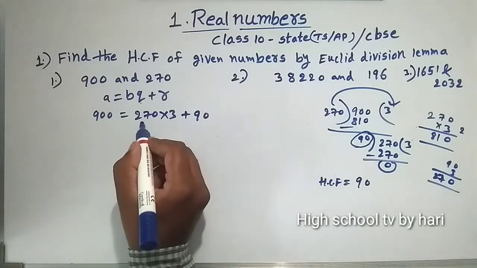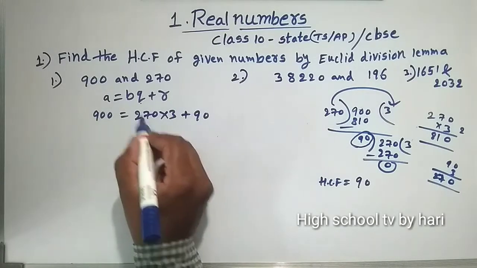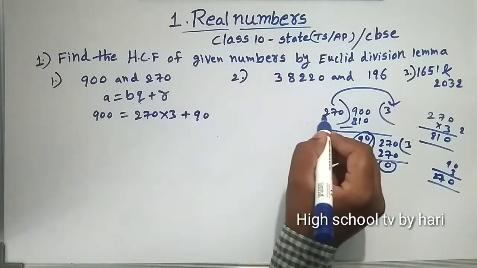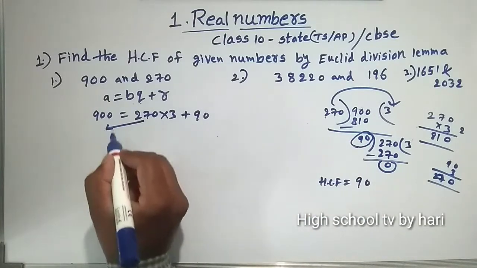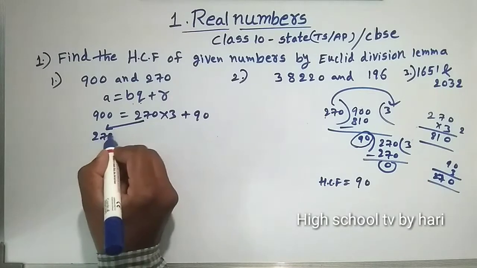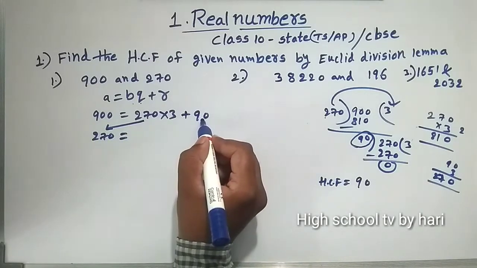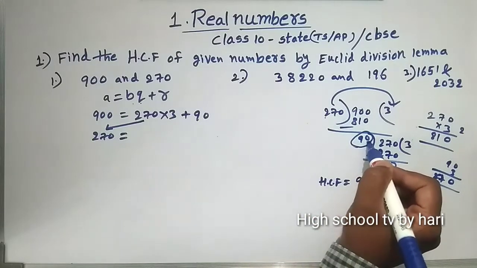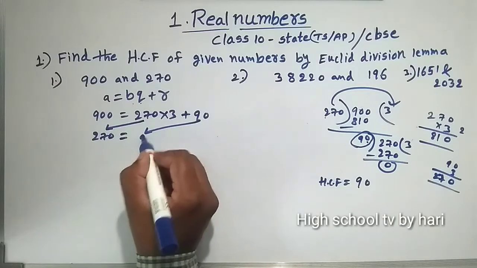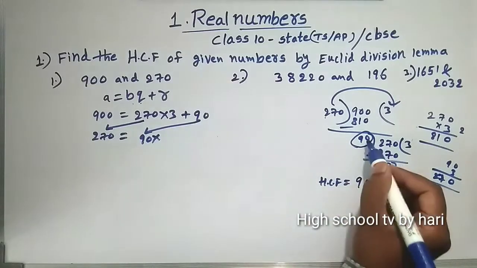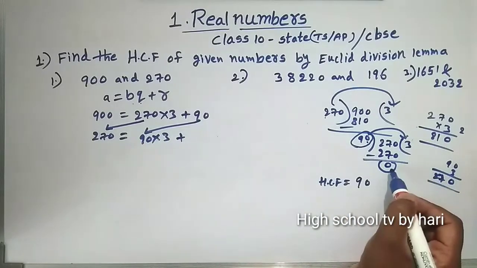Then this 270, what is it? Here it is b, which is nothing but the divisor. Now the divisor becomes the dividend, so 270 equals... this remainder 90 becomes the divisor. Write the divisor 90 multiplied by 3 plus the remainder we got, which is 0.